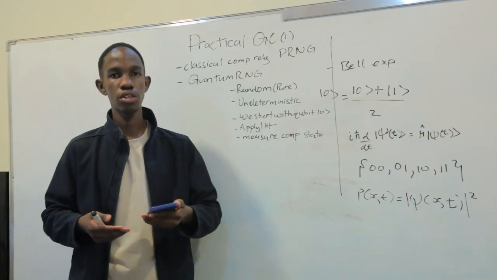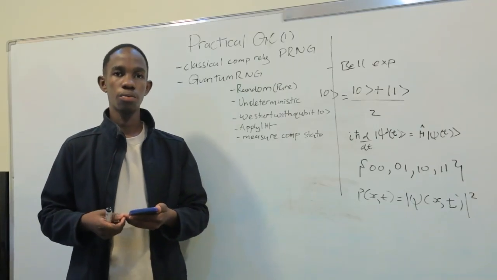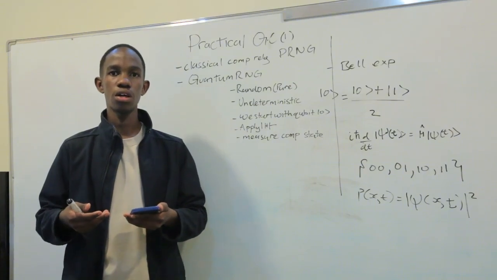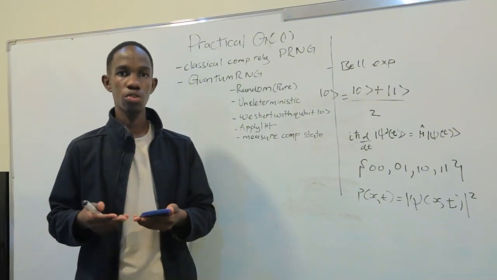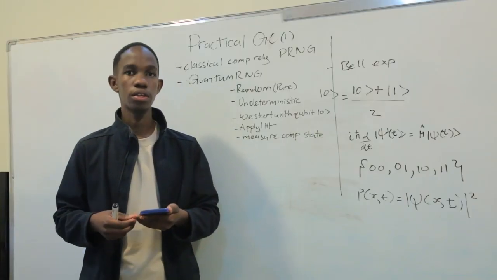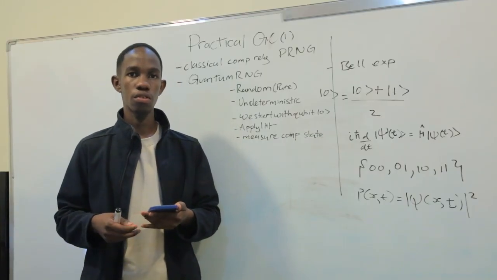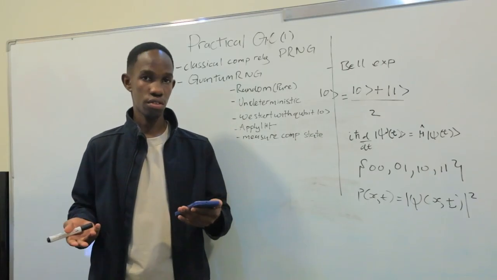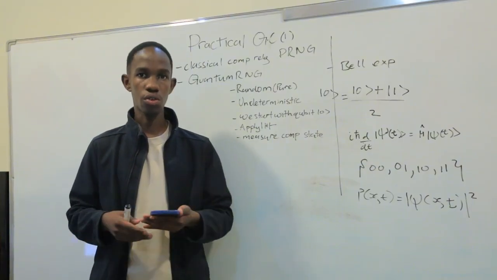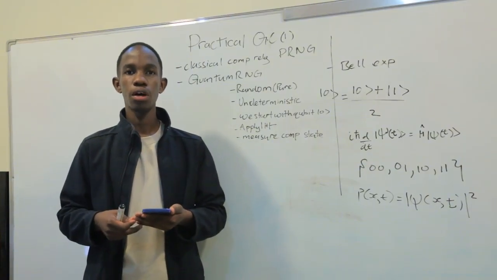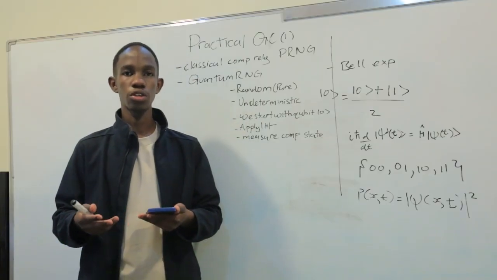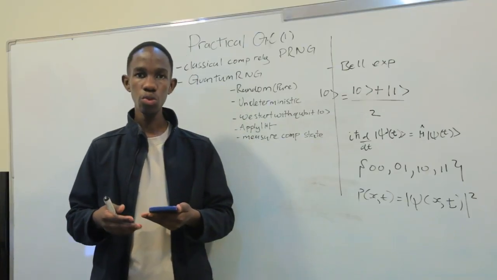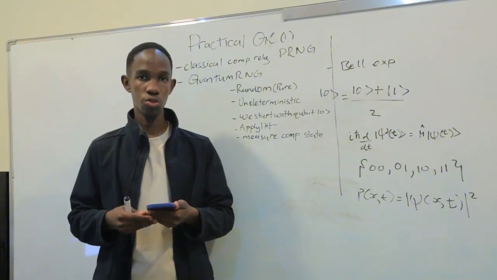So, we always assume that it's random, and it is because of the ignorance of certain factors that contribute to this output at the end. For example, force, air resistance. If you know these things and all these things that contribute to this coin, then you can know whether it's heads or tails. In quantum computing, it's different. We do not know the output.